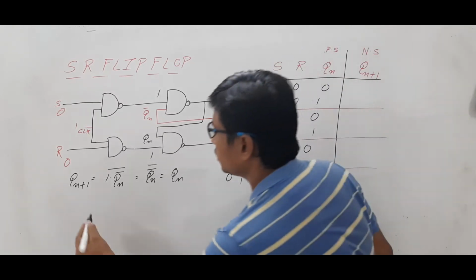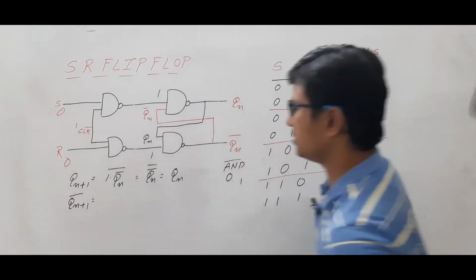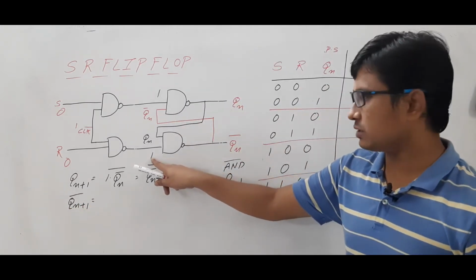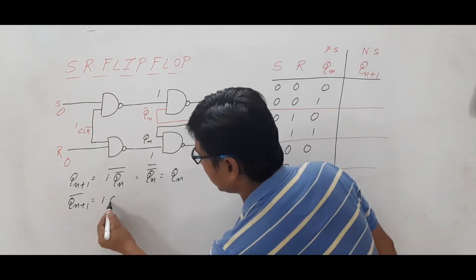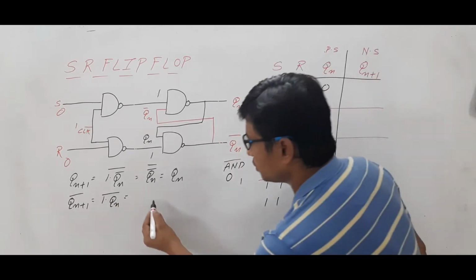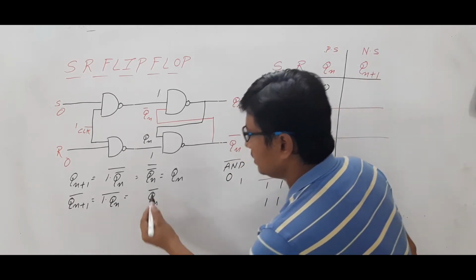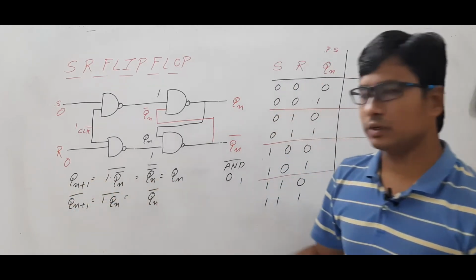Now I will see what happens to Qn plus 1 complement, which is equal to, I got one input as 1, another input is Qn. So 1 and Qn, complemented, which is equal to Qn complement. Now tell me what is happening. Qn plus 1 is producing Qn.